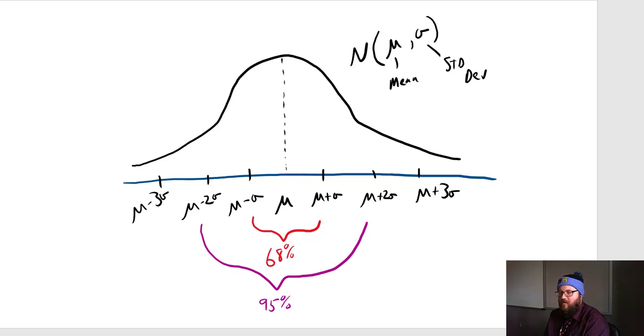And then from your 3rd standard deviation or your minus 3 standard deviations to the positive 3 standard deviations away from the mean, you're looking at 99.7% of the data falls within 3 standard deviations away.